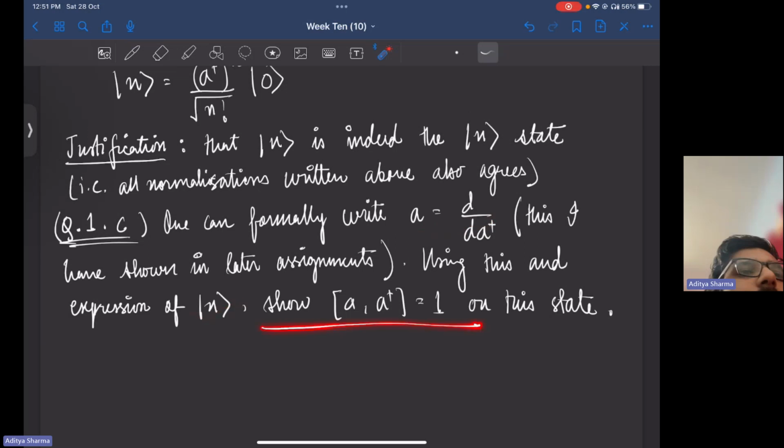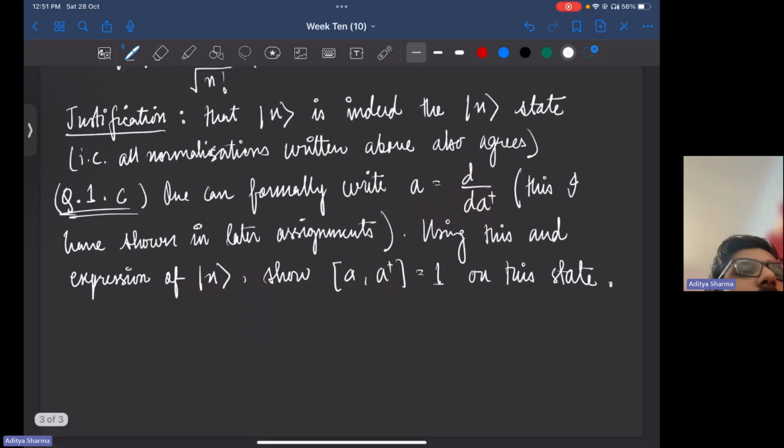So I'm going to show this happens for this state, and using this, we are done. We surely know that this is right.